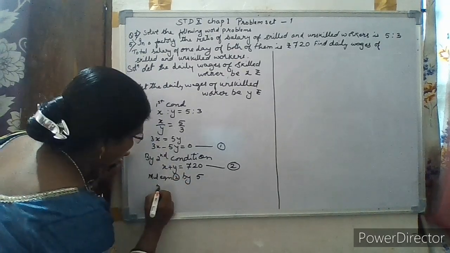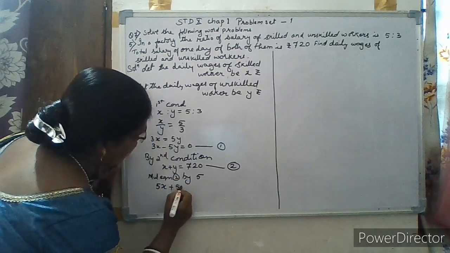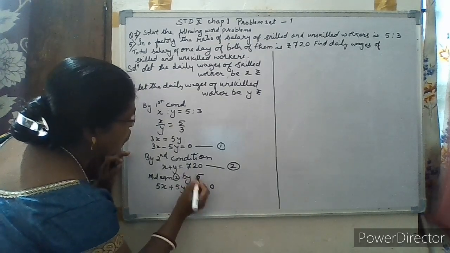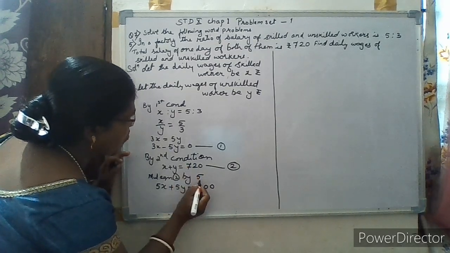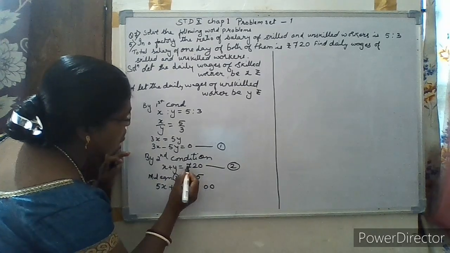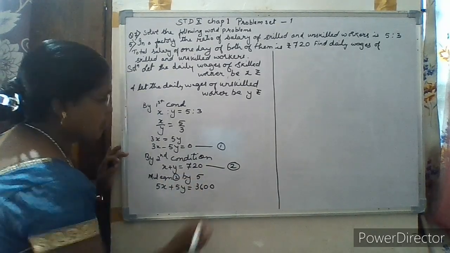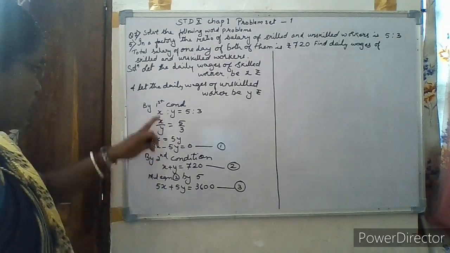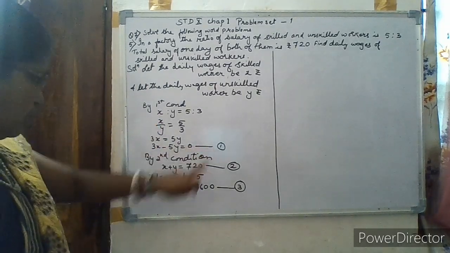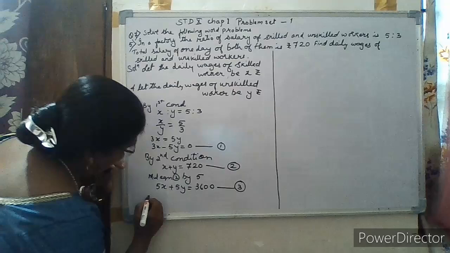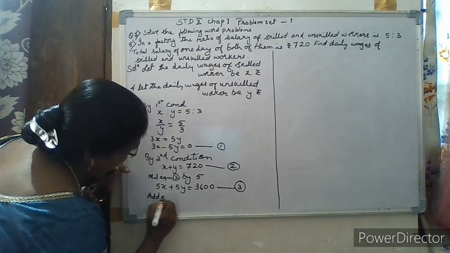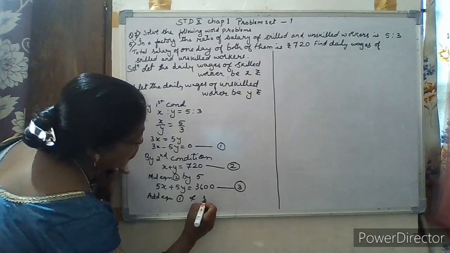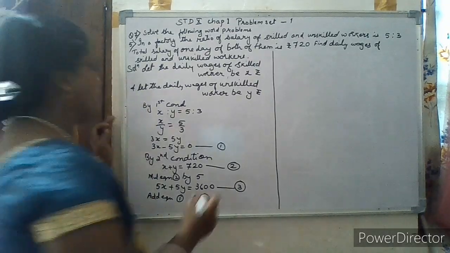So we get 5x plus 5y is equal to 3600. This is equation 3. Now, directly we can add equation 1 and 3. Add equation 1 and 3. So, write equation 1.